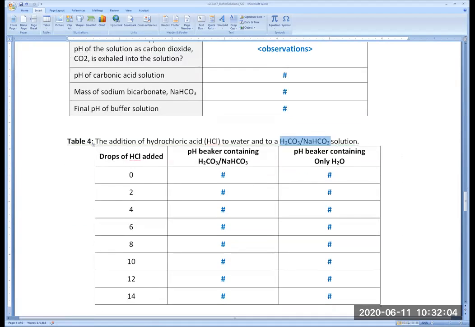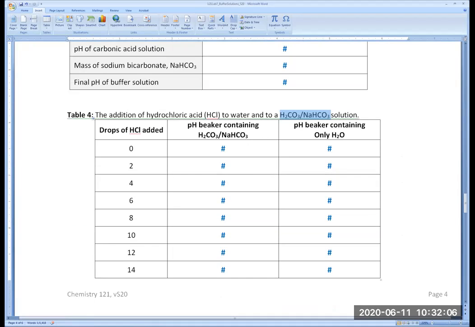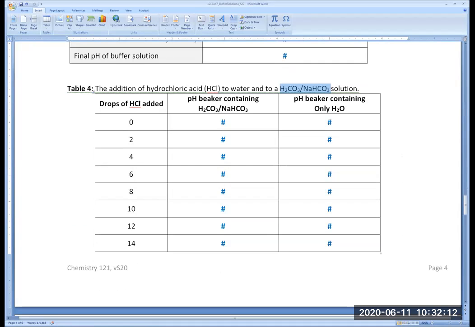That video lasts a little longer because a lot of drops need to be added on both beakers. Water is on this side, and the buffer H2CO3 and NaHCO3 is on the left here.